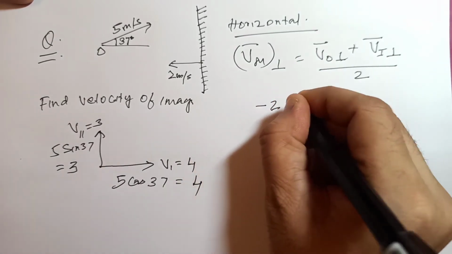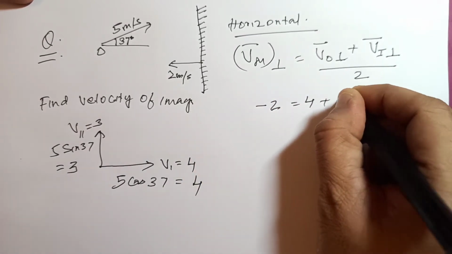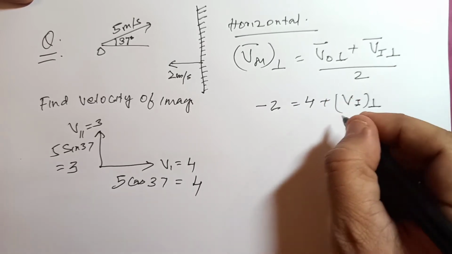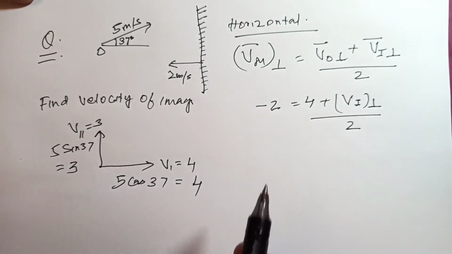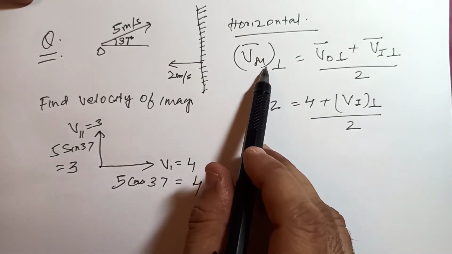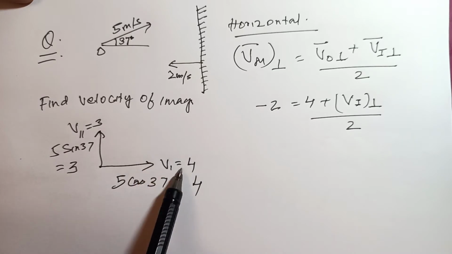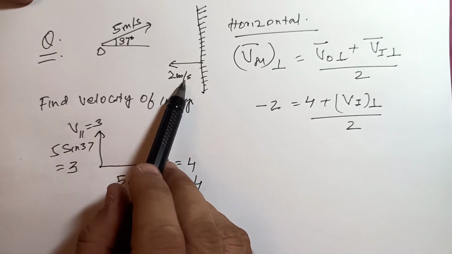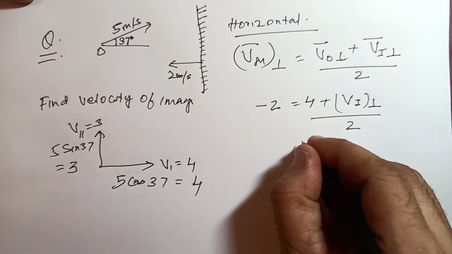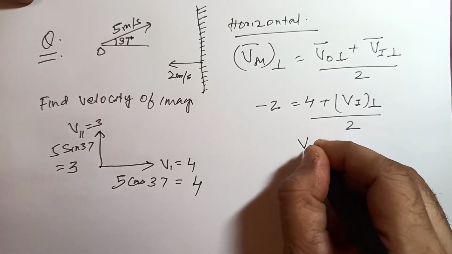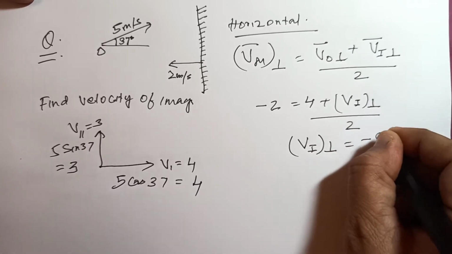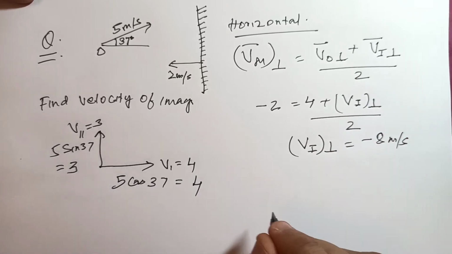This is minus 2 is equal to 4 plus V image perpendicular by 2. See, object is at 4, this we know. A mirror is moving in the opposite direction at 2 meter per second, so it is minus 2. So if we solve, we will get Vi perpendicular is equal to minus 8 meter per second.